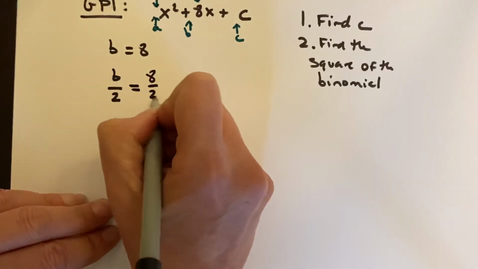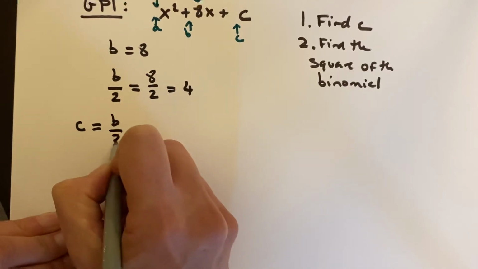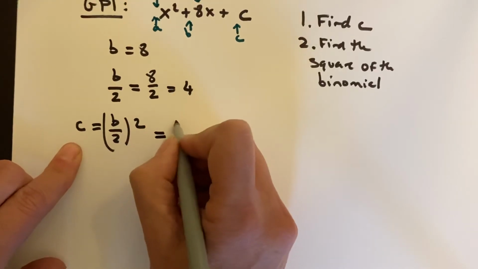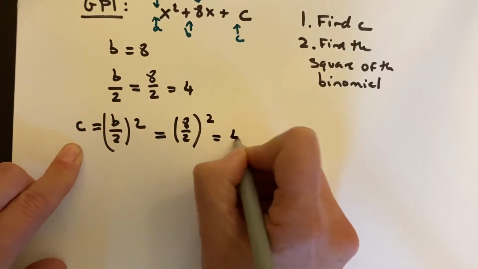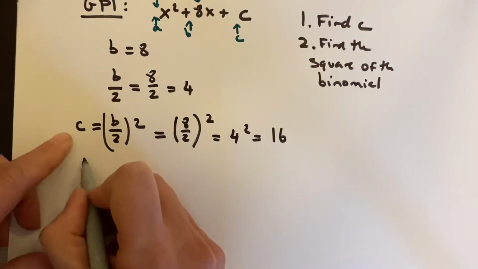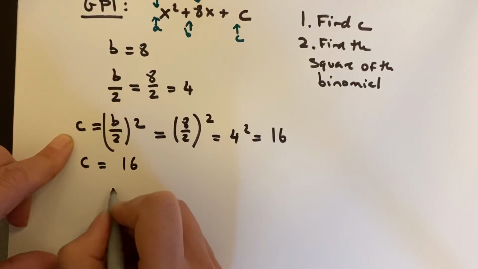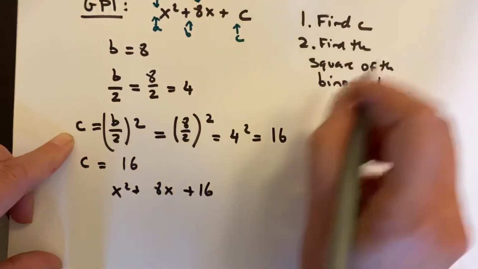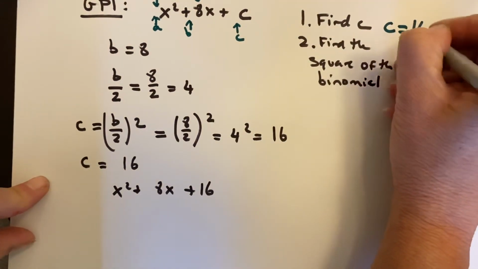Well, B/2 is 4, but I know C equals B/2 squared, right? So B/2, again, is 8/2, and squared, 4 squared is 16. So I know that my C is 16. So I can rewrite my equation over here, x squared plus 8x plus 16. And we've answered the first part. We've answered already C equals 16.